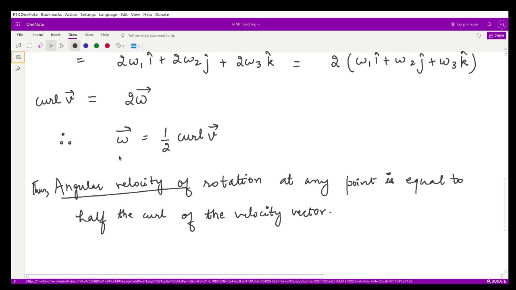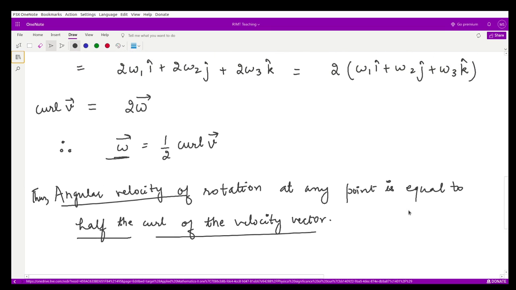So angular velocity omega is equal to half the curl of the velocity at any point. Basically this represents the rotation in the particular direction, right?